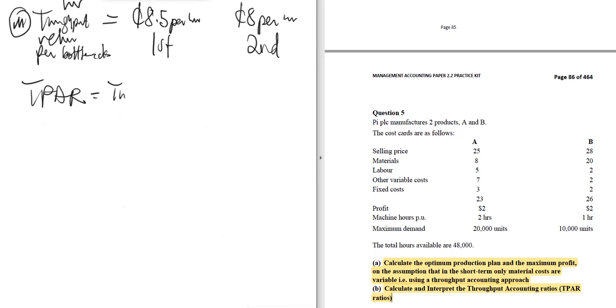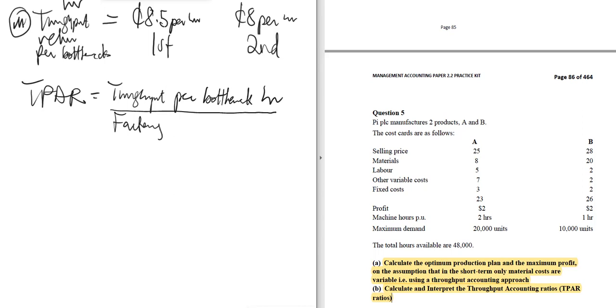We know this is our throughput per bottleneck resource, your bottleneck hour, which we have done up there as 8.5 and 8, over our factory costs per bottleneck hour available, right? Per bottleneck hour. So the first part, the A part, we've calculated, which you can still rank and continue, or you can get your factory costs per bottleneck.